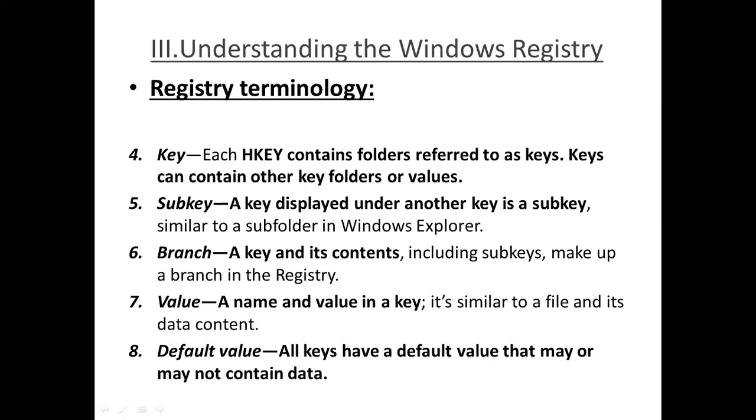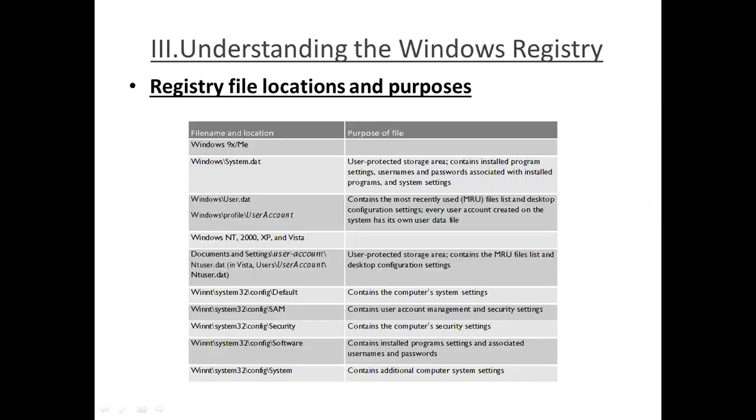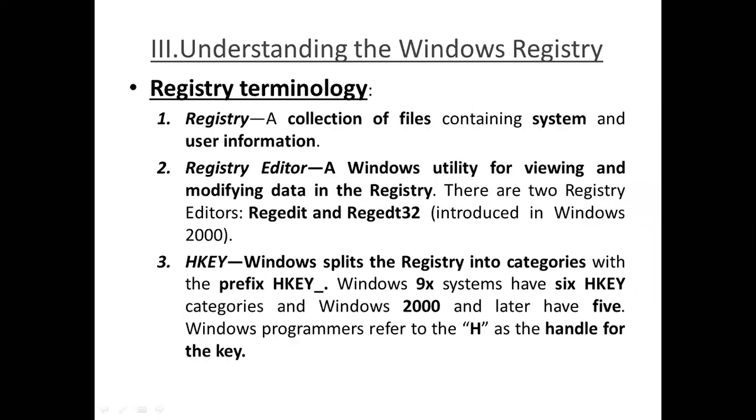It's a reference to the folder. And the handle is HKey. HKey is the handle to that key. How do you access that key? You need some pointer method to access the key, so here we use HKey as a handle. That HKey is also independent of the operating system. For example, Windows 2000 has 5.